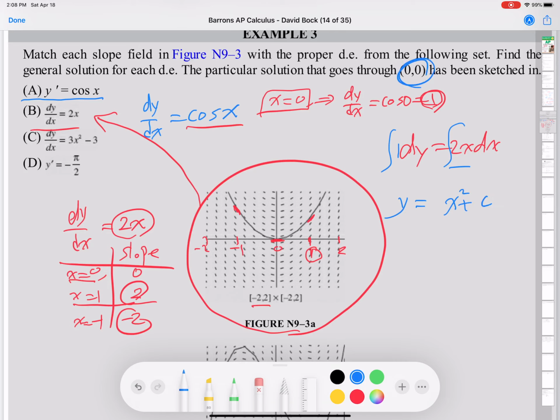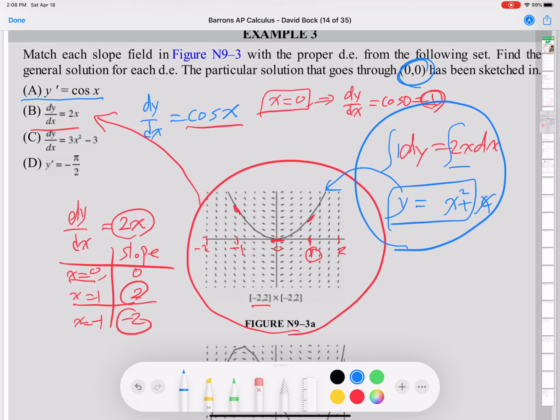It goes through 0, 0, which means c equals 0. So y equals x squared, and that shape is this, exactly, right? You can solve the differential equation to check answers, but sometimes you don't have to solve it. Sometimes you cannot solve that equation on the AP exam, but you can guess from the slope field. If you know slope fields, you can find which differential equation represents that slope field. Just plug in numbers. It's not hard at all.